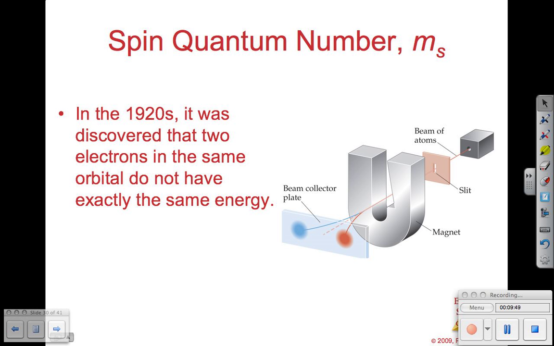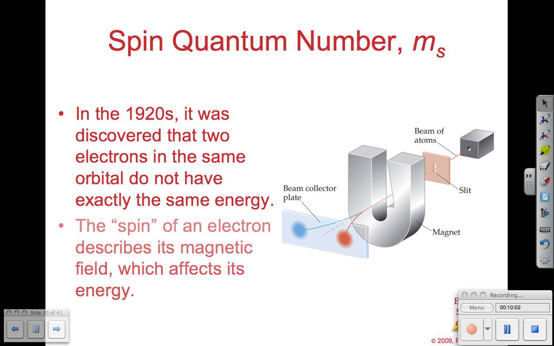Right, the next part is the idea of quantum spin. Electrons either have what we refer to as an upspin or a downspin. We've talked about three quantum numbers, and the last quantum number is the spin quantum number. When we fill orbitals, you fill electrons going in one direction, so this is where we fill with arrows.